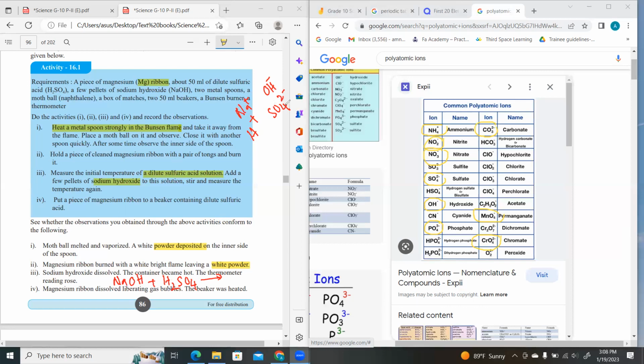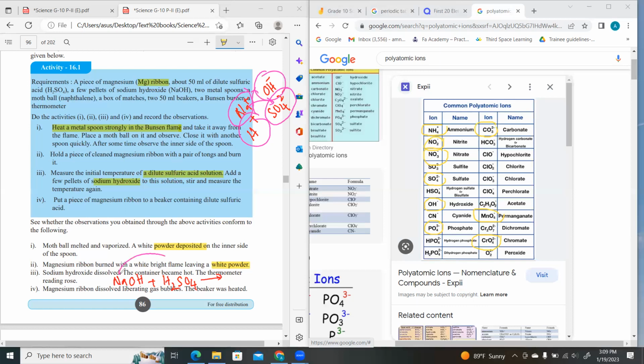So first you have to write down the 4 types of ions which are present: sodium hydroxide, and then hydrogen sulfate forming H2SO4. So what happens is they exchange their partners. Sodium plus will take sulfate as the partner, and hydrogen plus will take hydroxide as a partner.